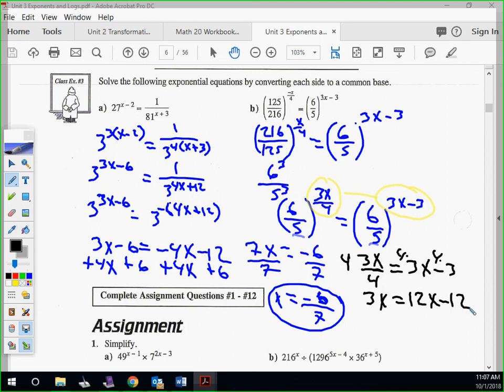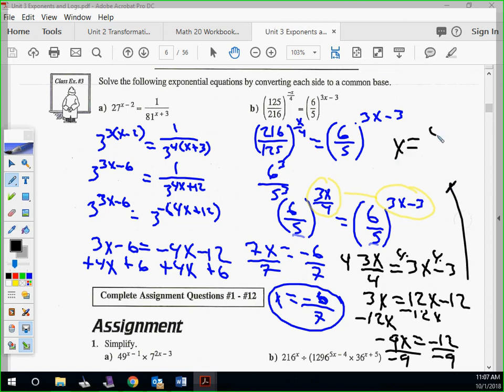I'll move the 12x this time. Negative 9x equals negative 12. Divide, and now you're done. So that simplified is 4/3. X equals 4/3. Okay, and that's all for lesson 2.